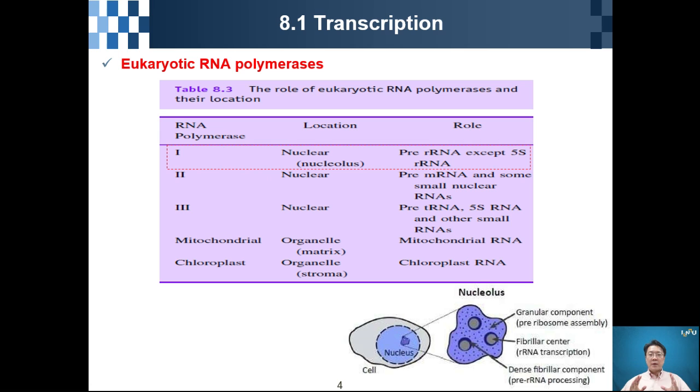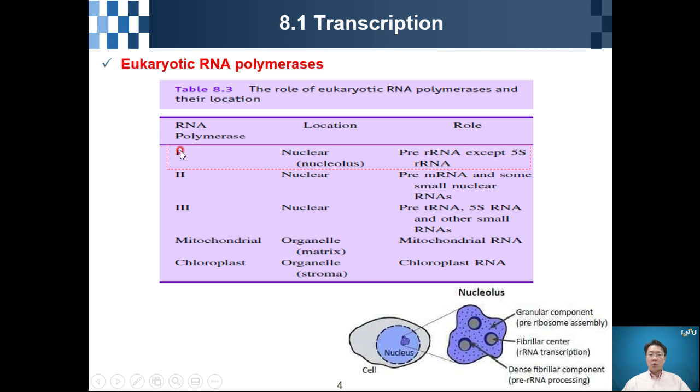RNA polymerase 1 is located within the nucleus. This is the cell, and the cell has the nucleus.